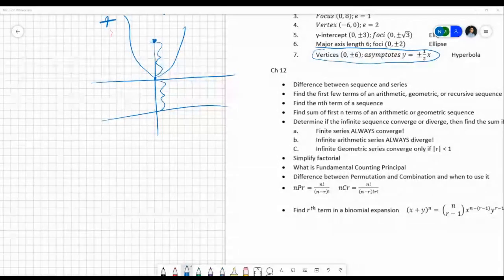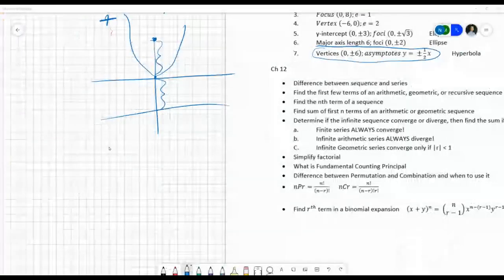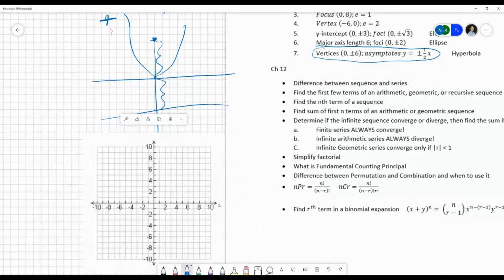Where is it? Okay. All right, here we go.